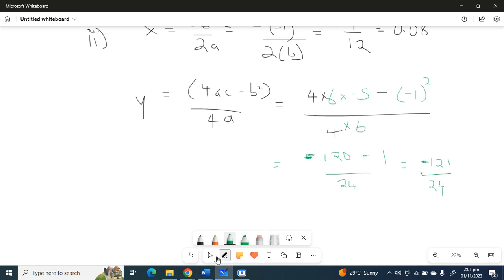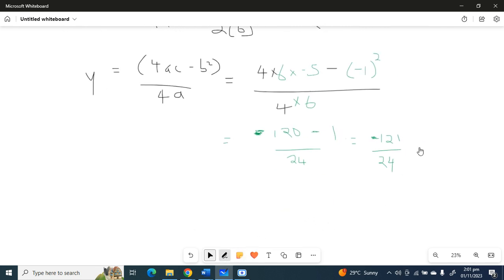We can simplify this as a fraction, or we can even put it as a decimal. So as a fraction, 121 divided by 24. So we have 5 here, since 24 times 5 is 120. So we have 5, 1 over 24.